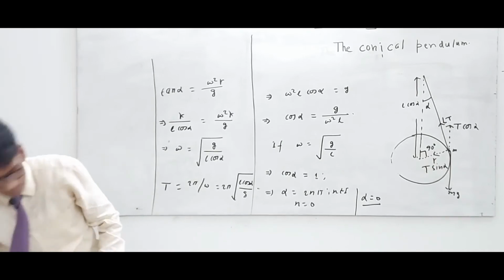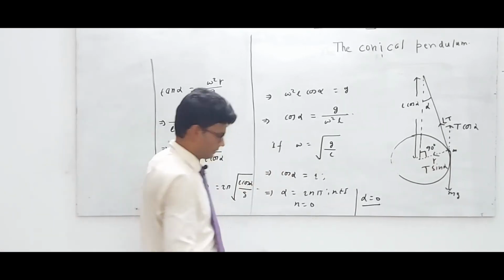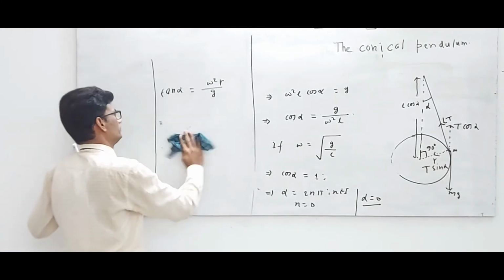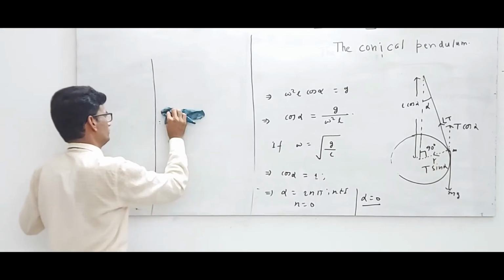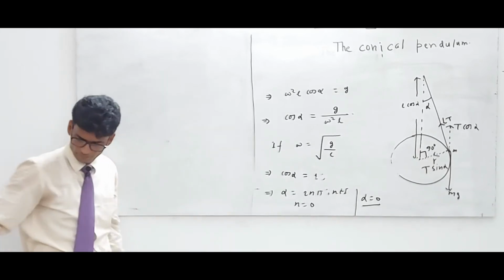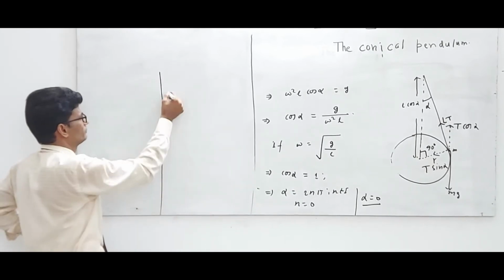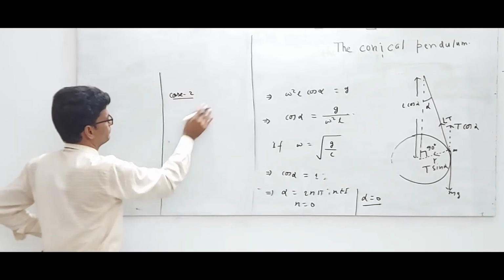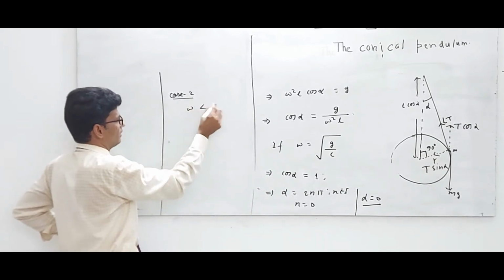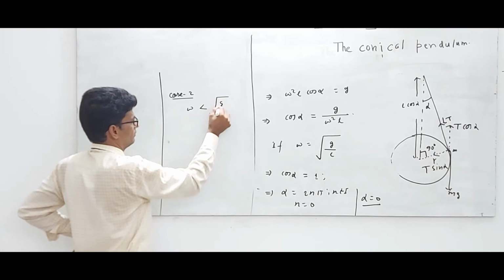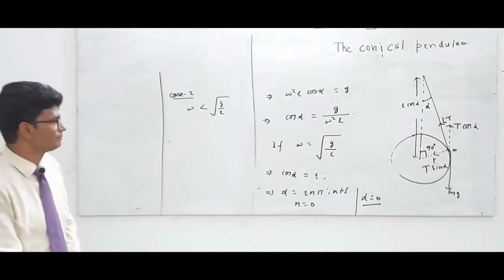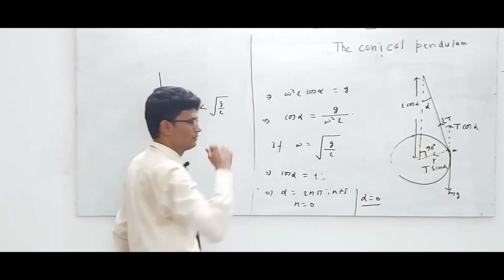Now take the second case. Omega is less than under root g over L. Then what will happen? If this is less than 1, then the right side becomes greater than 1.